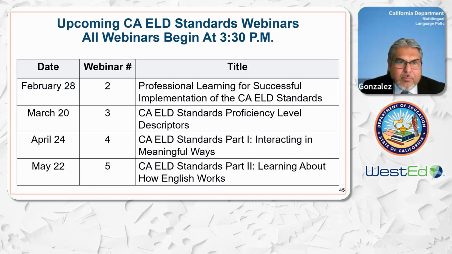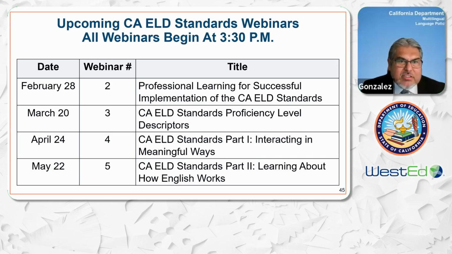The third webinar, California ELD Standards Proficiency Level Descriptors, will do a deep dive of chapter 2 and the proficiency level descriptors, and that's going to take place on Wednesday, March 20th, 2024.